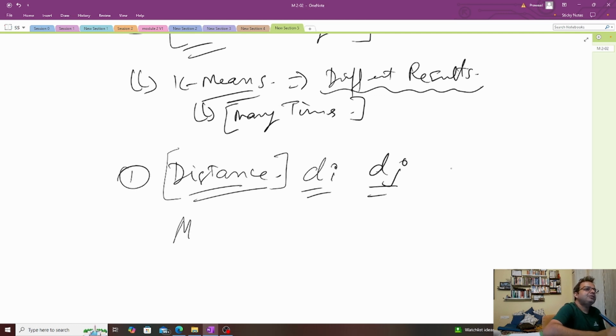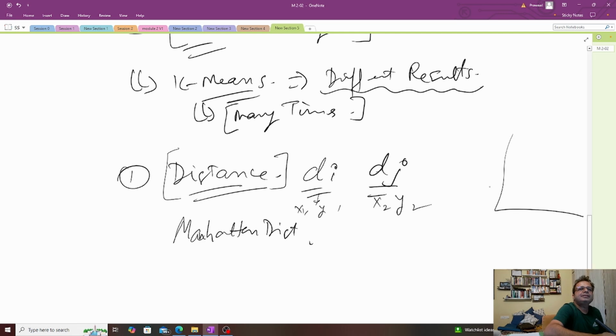Something which is very, very easy is called the Manhattan distance. So what happens in Manhattan distance is, and let's assume just for simplicity that this is x and y, and only two dimensions are there. Let's suppose this is distance d1 and this is d2, and this is x and this is y.